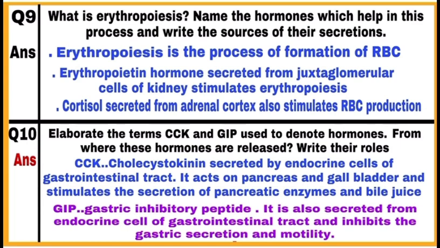Question number 10. Elaborate the terms CCK and GIP used to denote hormones, from where these hormones are released and write their roles.